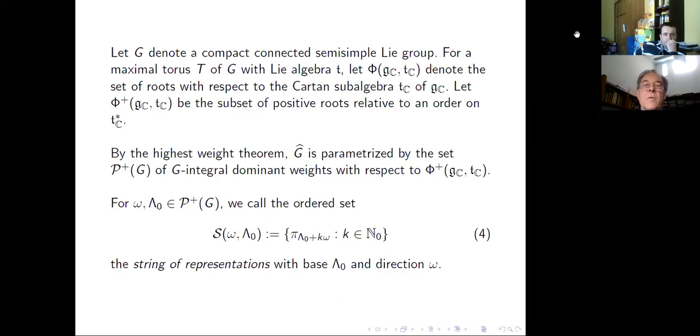So we will describe the strategy of the proof. We take a maximal torus T of G, its algebra, and we take the set of roots with respect to a Cartan subalgebra TC of GC.